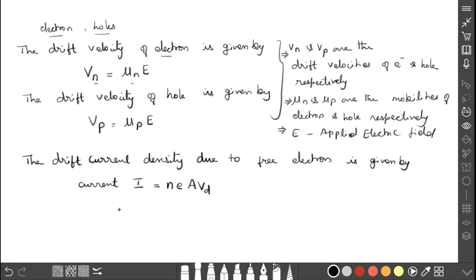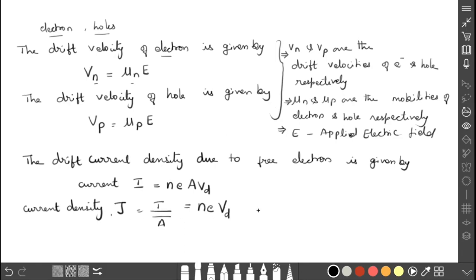Current density is represented by the letter J. J is equal to I by A, I divided by A. So what remains here? N E V D. J is equal to N E V D.